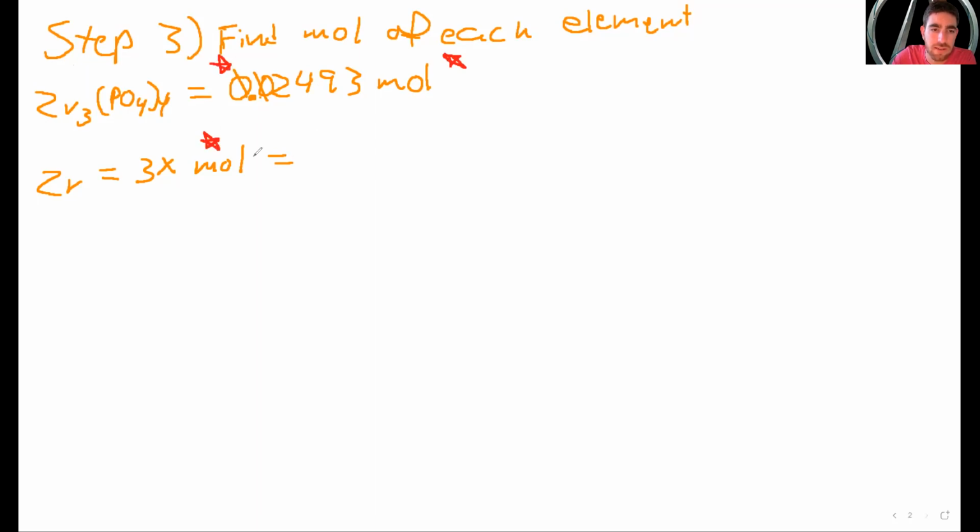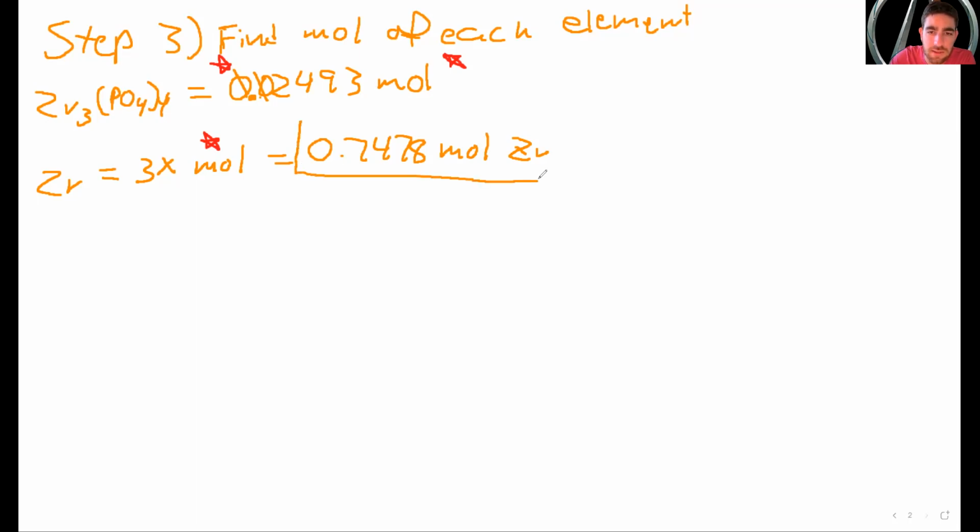So this is what we're going to put in there to save space. And so our answer should come out as times 3. We get 0.747, and we only want 4 sig figs. So we have this many moles of Zr.